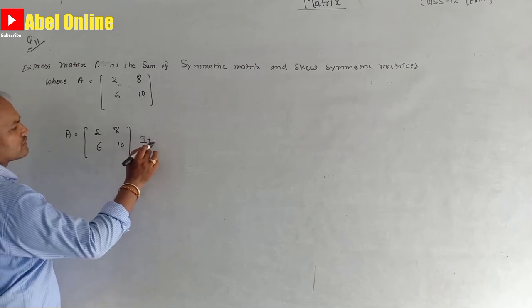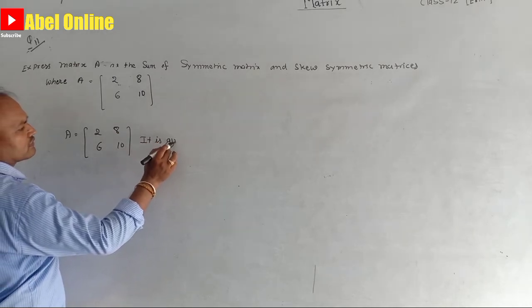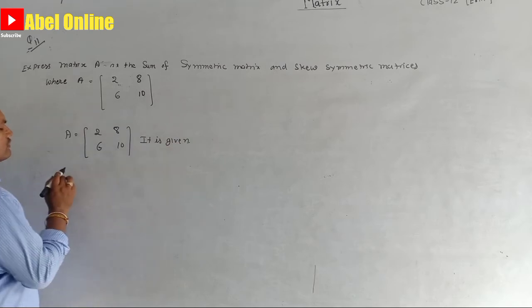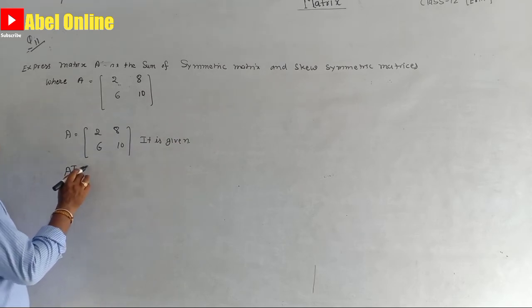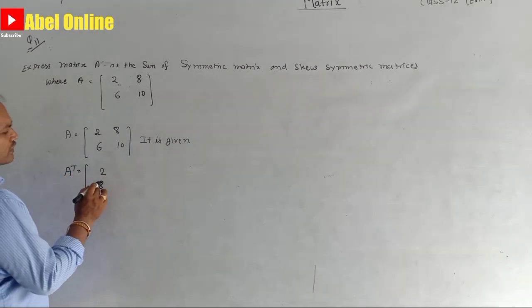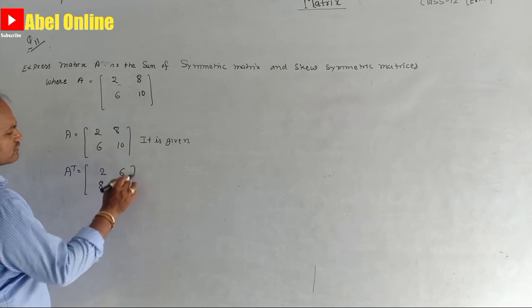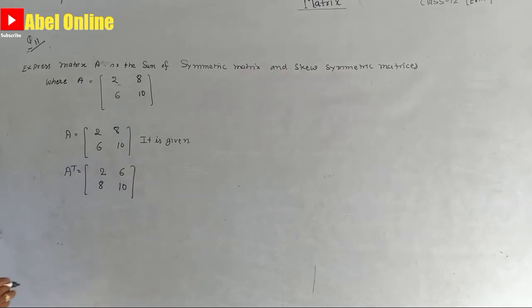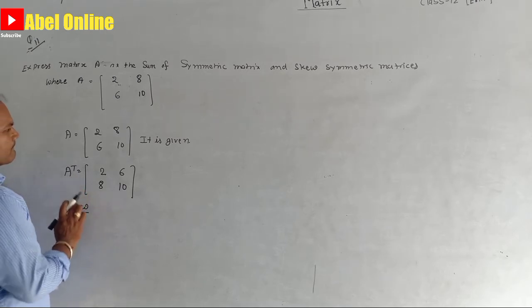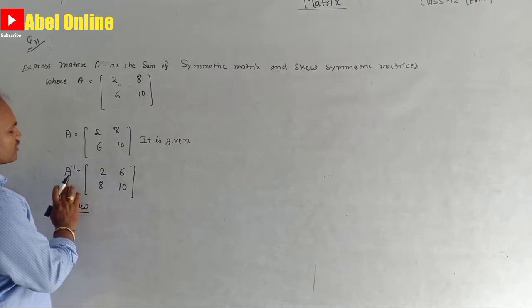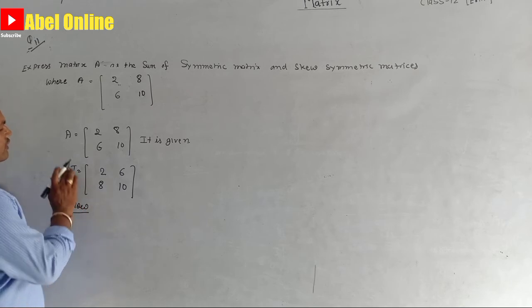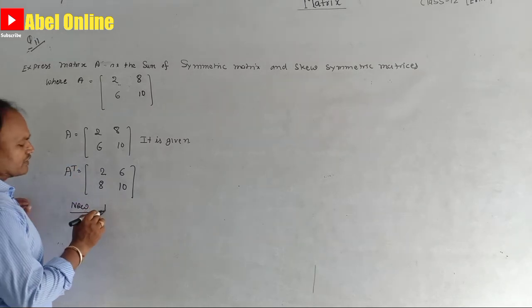Now A transpose equals 2, 6, 8, 10. It is A transpose. Now the question arises, what about the next step? A and A transpose, we have already found P. What is P?